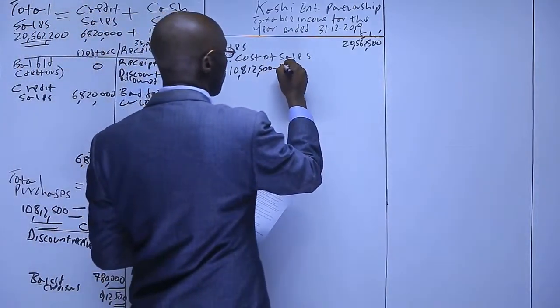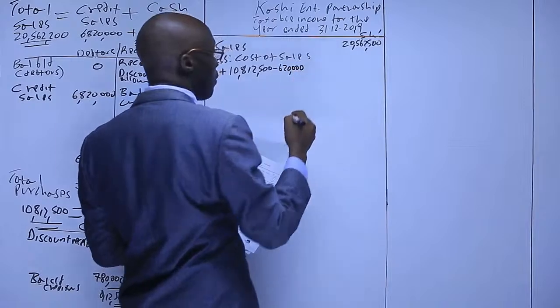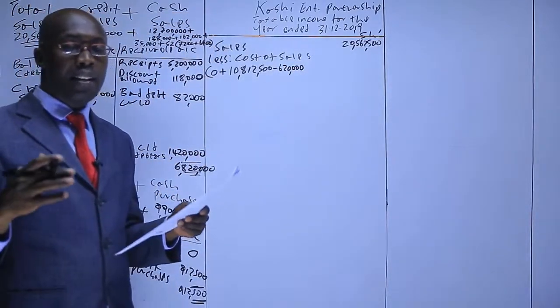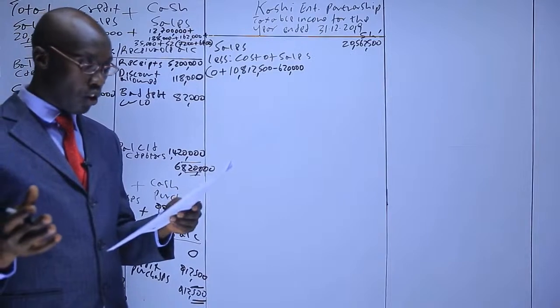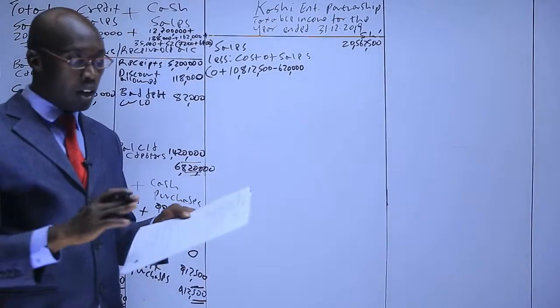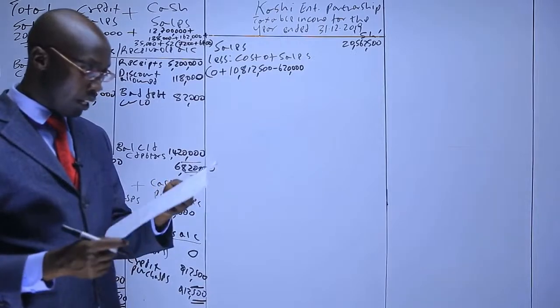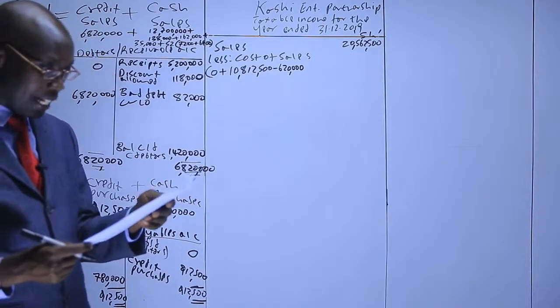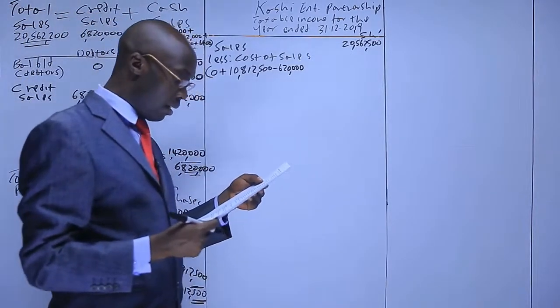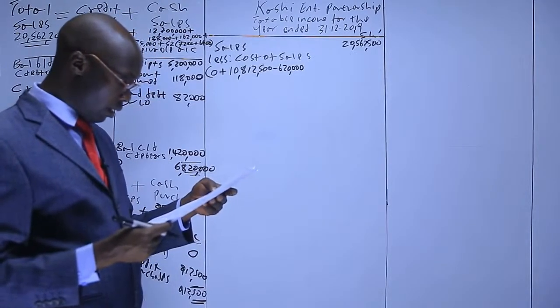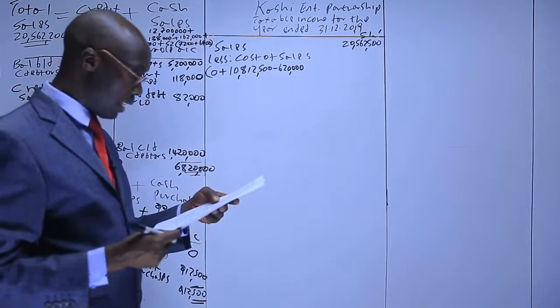So minus 620,000. And then we also minus any item that could have reduced the stock during the year: damaged, withdrawn stock, stolen, of which case in this question, we didn't have any stock that was stolen, damaged, or withdrawn by the partners. There was none. Let me confirm properly. There wasn't any.